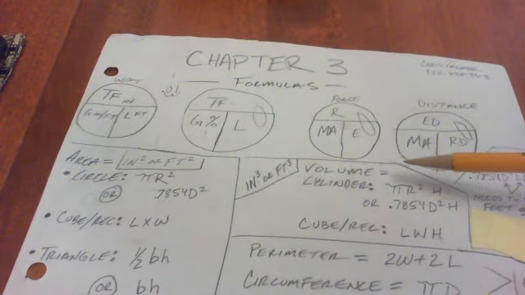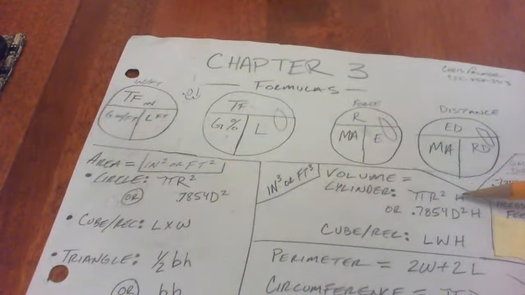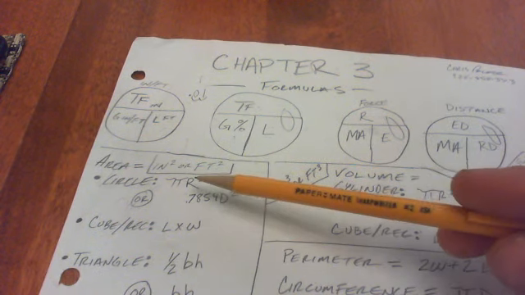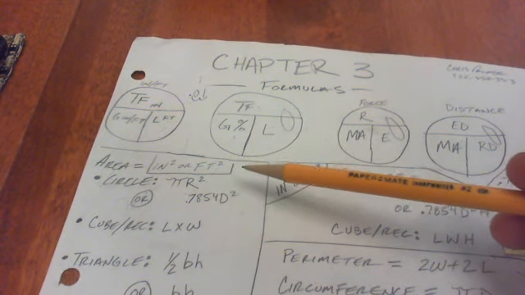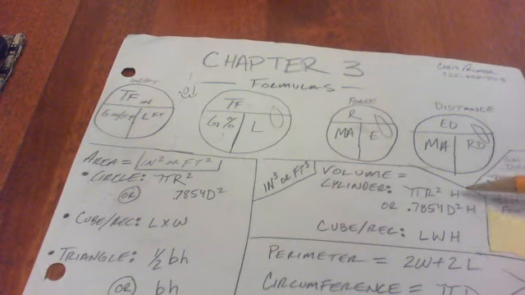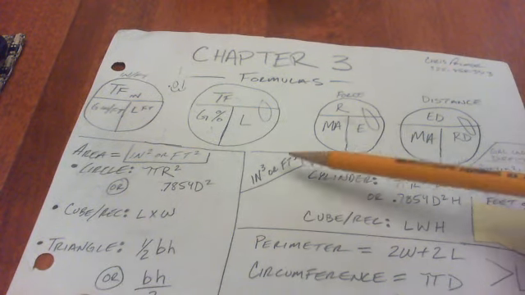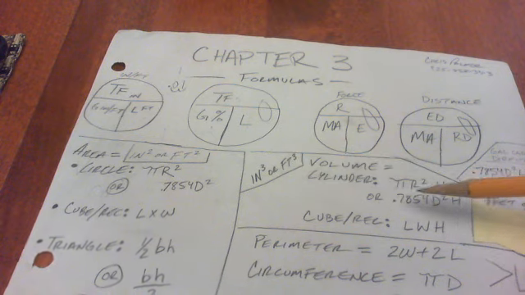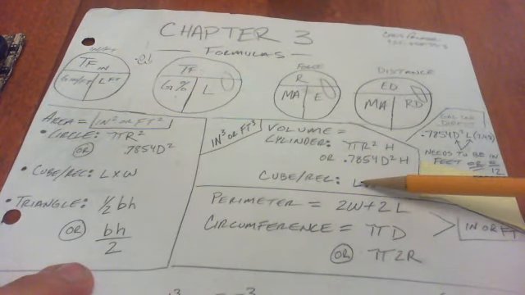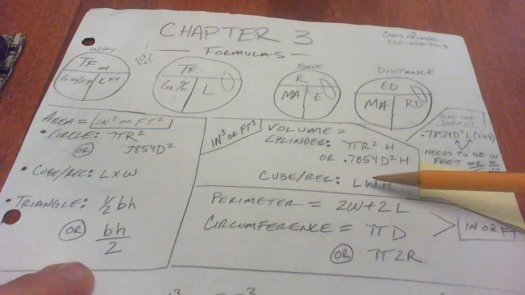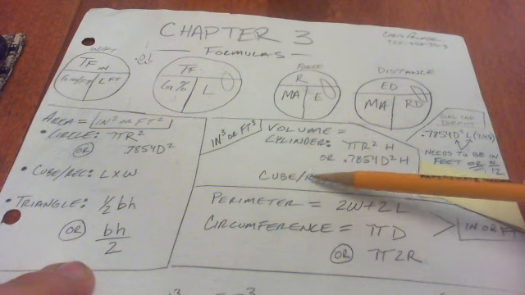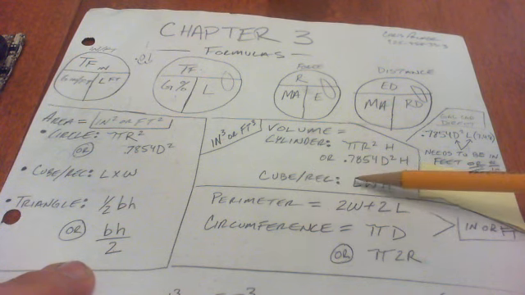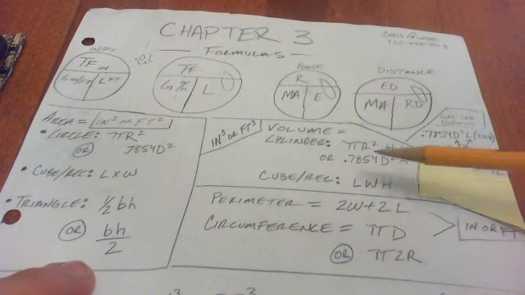Volume. The nice thing about volume is all you do is take the area formula and add an h to it, and then you've got volume. But the result will be cubed inches and cubed feet. Again, we just added the height for the circle, and for the rectangle, length times width times height.